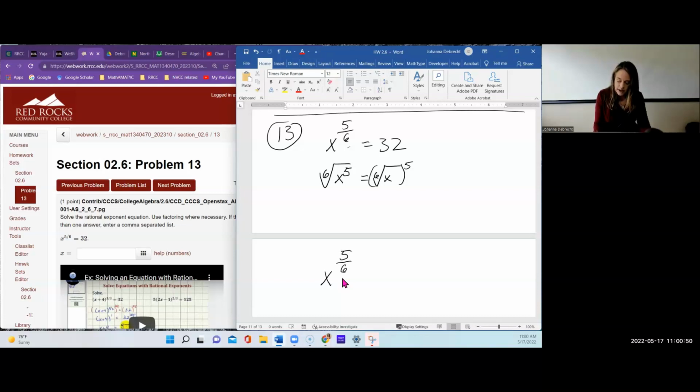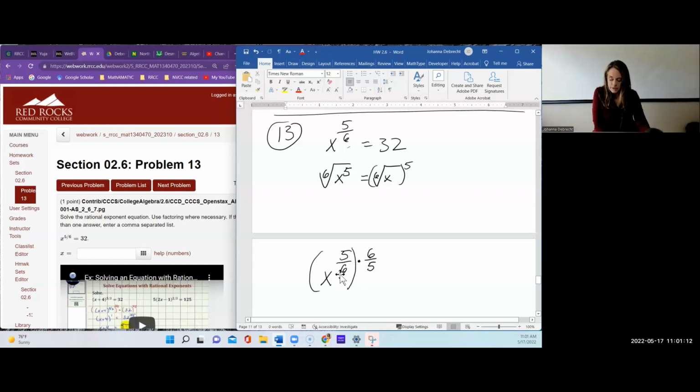In order to get 5/6 to equal 1 through multiplication, I multiply by the reciprocal, which is 6/5. In other words, I'm taking the first and raising it to another power. This means that I have the base x being raised to the 5/6 power and also the 6/5 power.